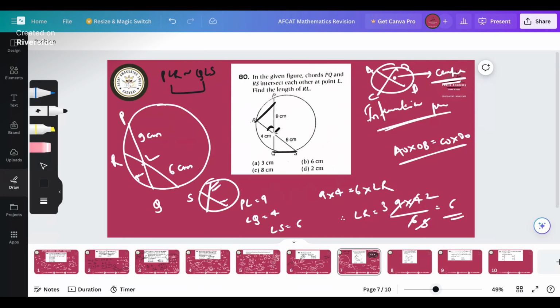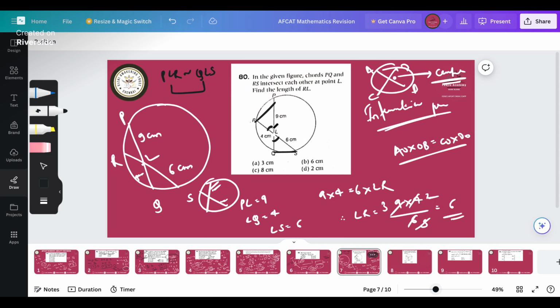The similarity is that these two are alternate interior angles. We got to prove that these two triangles are similar, right? So one more angle we need to confirm that they are similar.